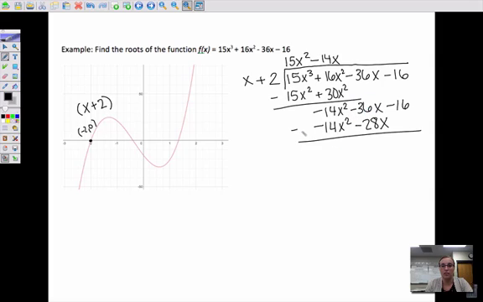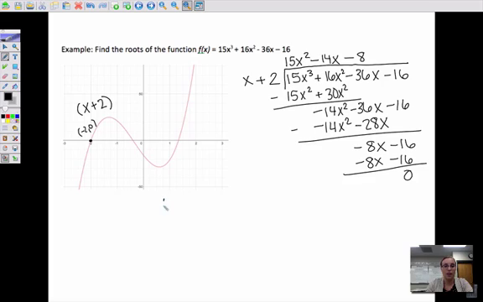Negative 36 minus negative 28 gives me negative 8x. And then I'll bring down the negative 16. Okay, and then lastly, x times what will give me negative 8x? That'd be minus 8. So negative 8x, and then negative 8 times 2 gives me my minus 16. And like I said, there's no remainder because this is a factor of this.